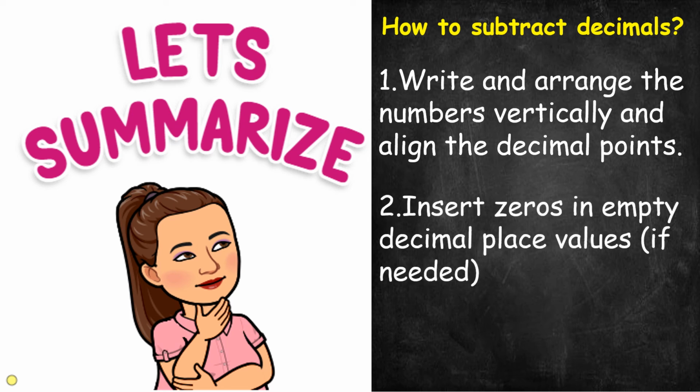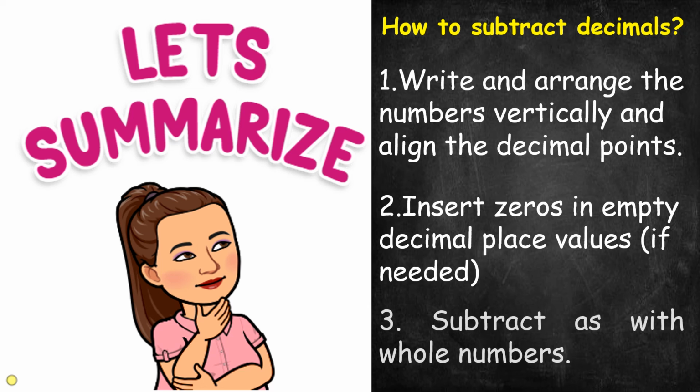Step 2 is to insert zeros in empty decimal place value if needed para pantay-pantay yung ating decimal places. And the number 3, subtract as with whole numbers. So those are the steps in order to subtract the decimals.